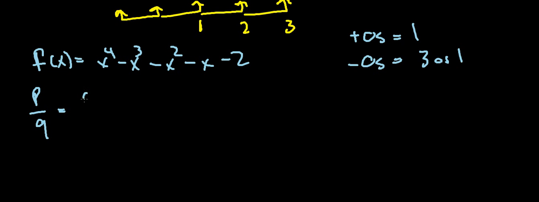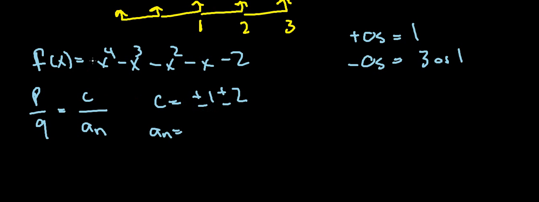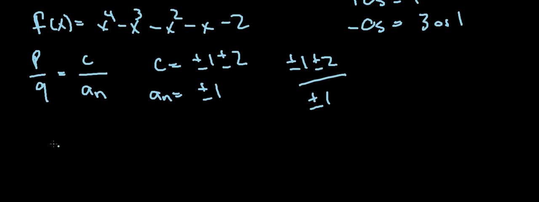P, remember, is the coefficient of the constant, and q is the coefficient of the leading term. And our constant factors are equal to plus and minus 1 and plus and minus 2, and our leading coefficient factors are just plus and minus 1. So we have plus and minus 1, plus and minus 2, and we divide them by plus and minus 1, and then we're going to get possible zeros of plus and minus 1 and plus and minus 2.